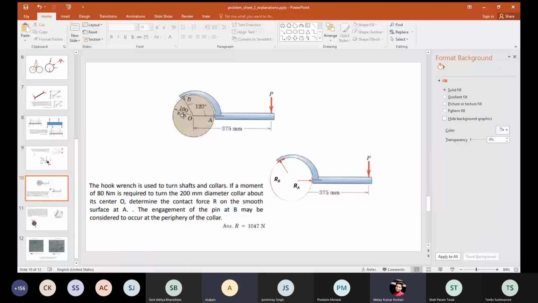It will give a moment. So can we equate that moment with 80 Newton meter? No, but that is an internal reaction. You are not drawing a free body diagram of the cylinder. You are actually drawing a free body diagram of the entire structure in the first step to get the value of P. So to get the value of P, when we use the fact that M is equal to 80 Newton meter, the internal reactions at B and A are not important.